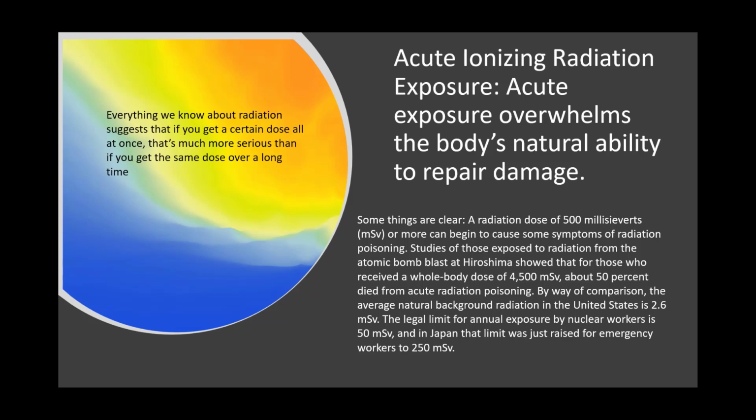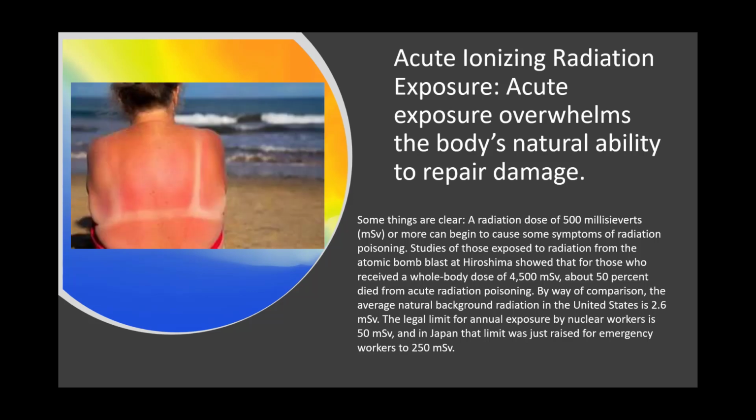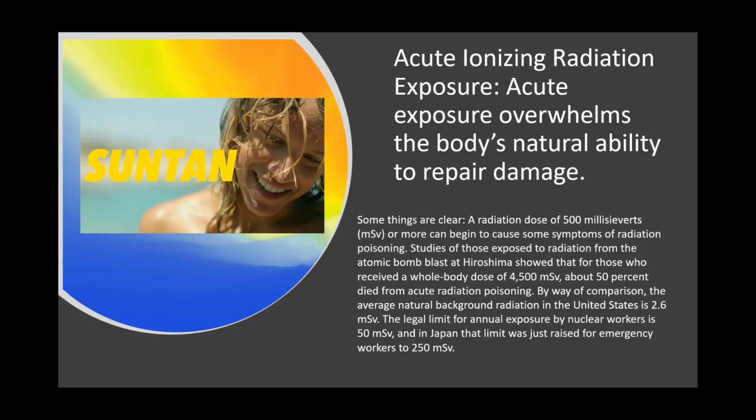So the idea being here is, let's take the old sunburn, suntan. When you get an acute dose of radiation, you get a sunburn, but if you only go out 5 minutes a day, you're still going to get exposed to the 2 or 3 hours total of radiation that you spent getting the sunburn, but the 5 minutes you spend each day will not result in a sunburn.